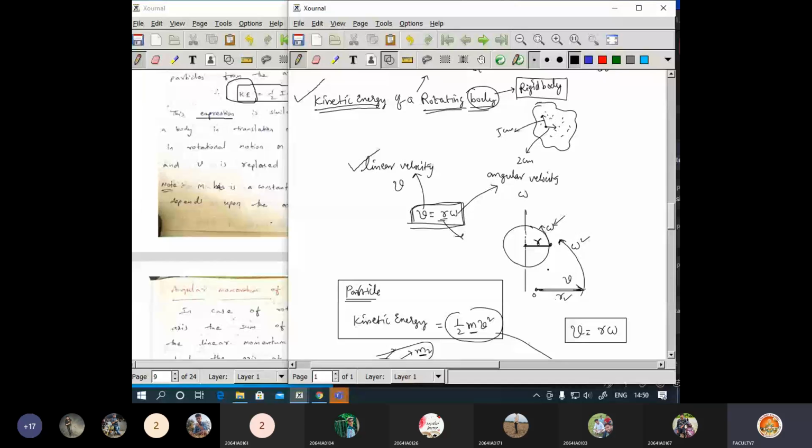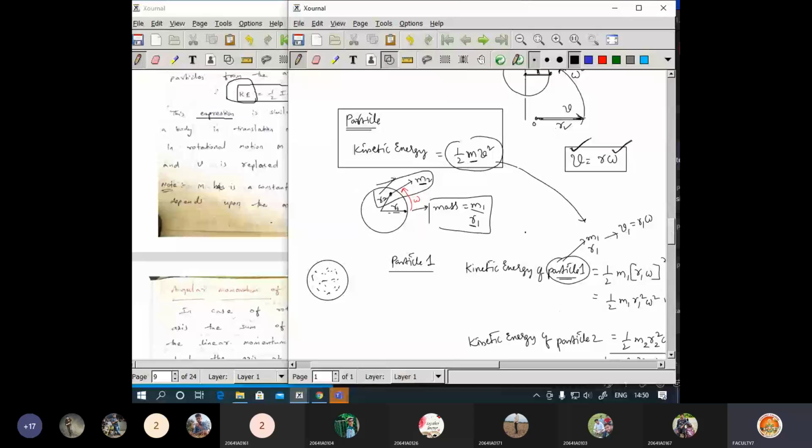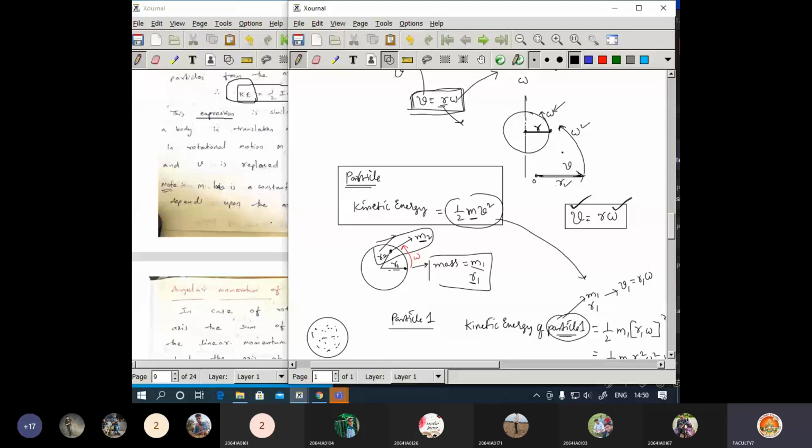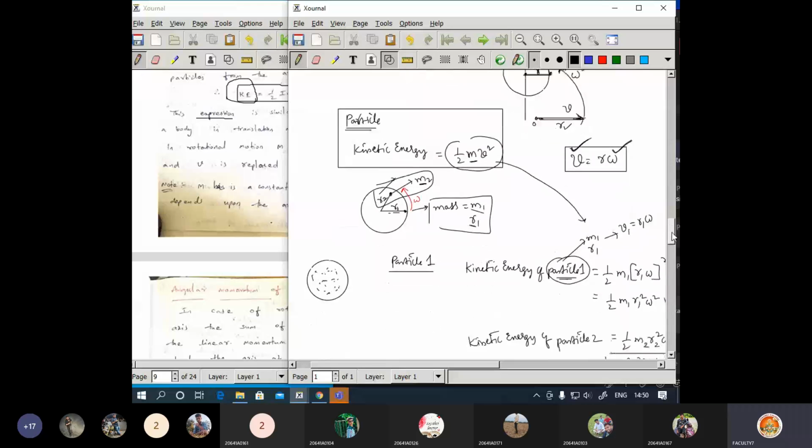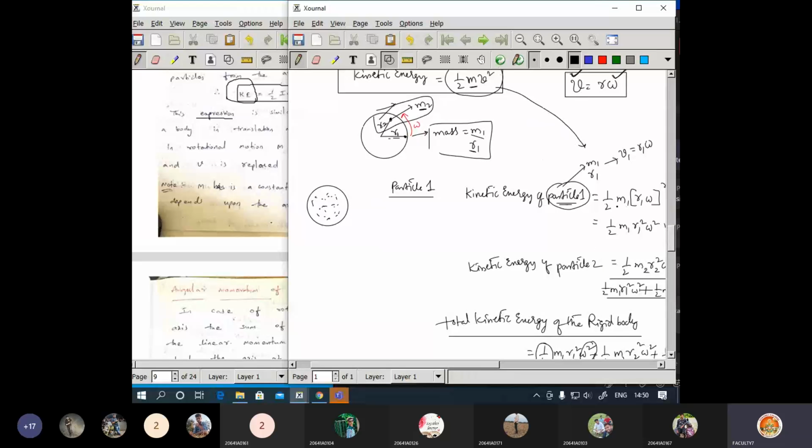Due to that, you can give the expression relating the linear velocity and the angular velocity. Thereafter, for the particle, the kinetic energy can be given as half mv square, but we are replacing v with r omega.